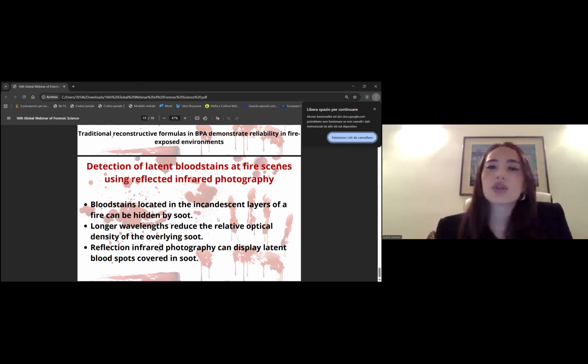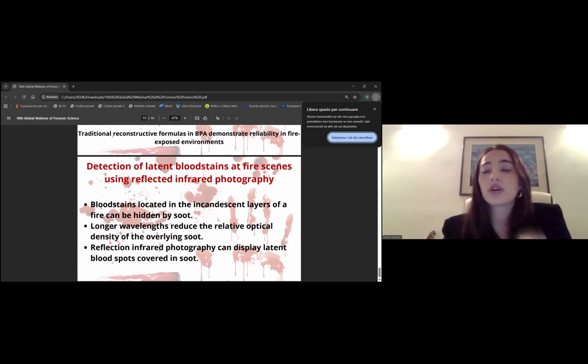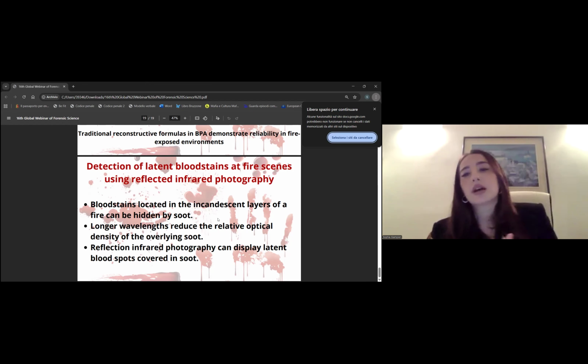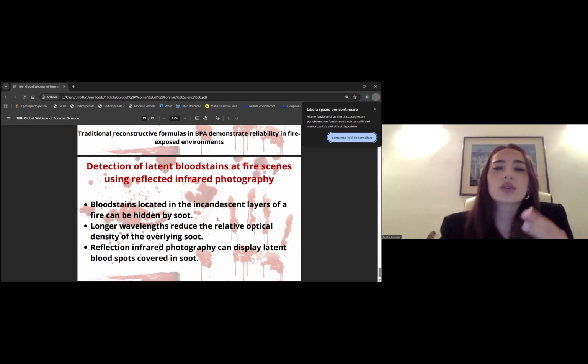So, in conclusion, this technique of reflected infrared photography has been successful in detecting latent blood spots under a thick layer of soot. This success was achieved by combining the spectral responses of four parameters required for this technique, including the increased infrared absorption property of blood after heat exposure.